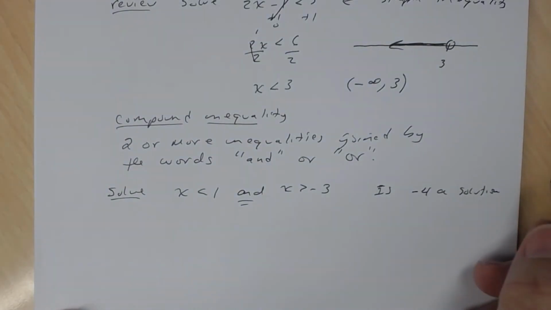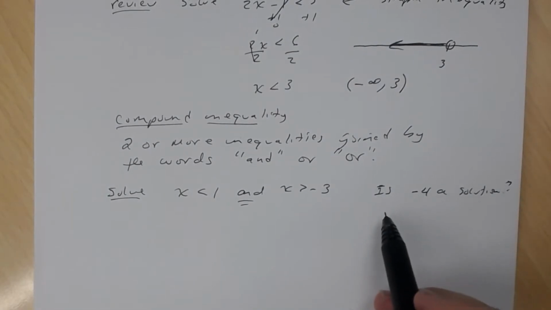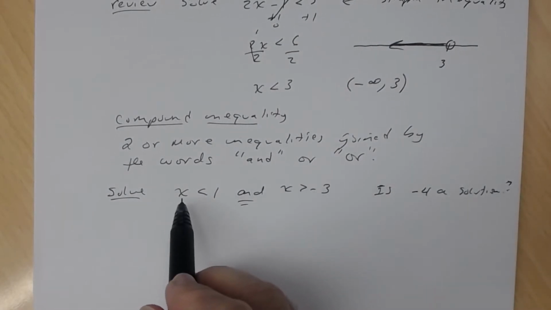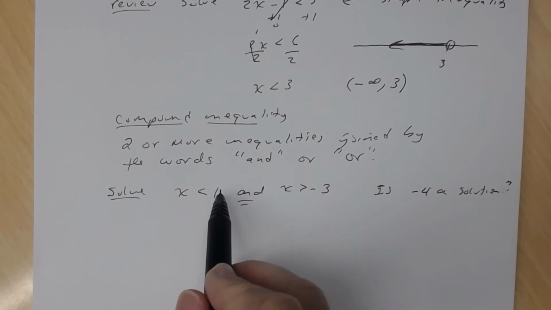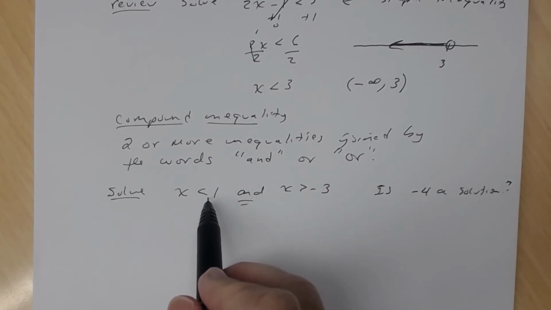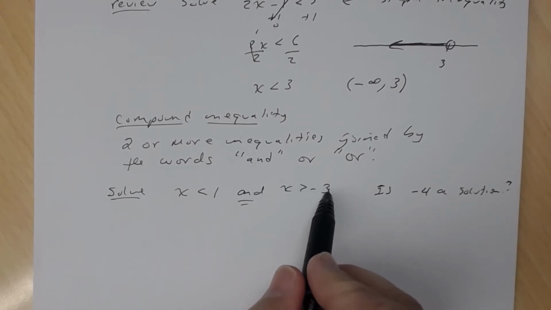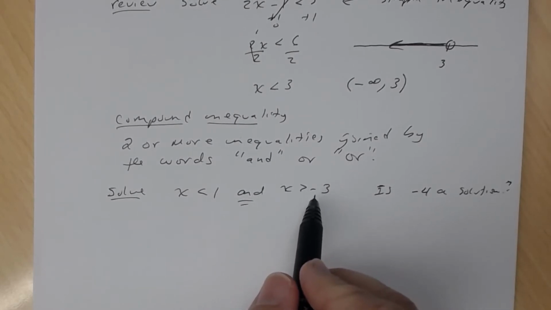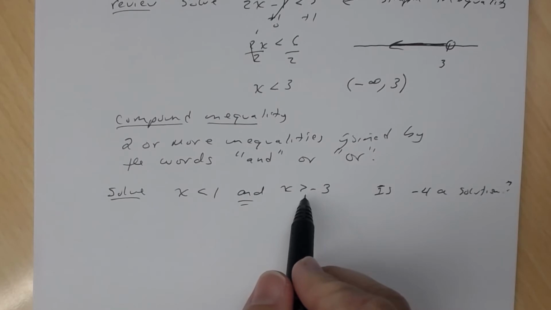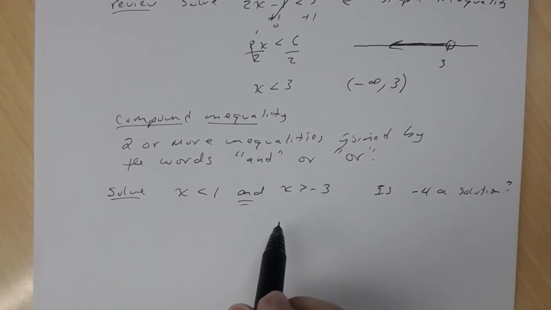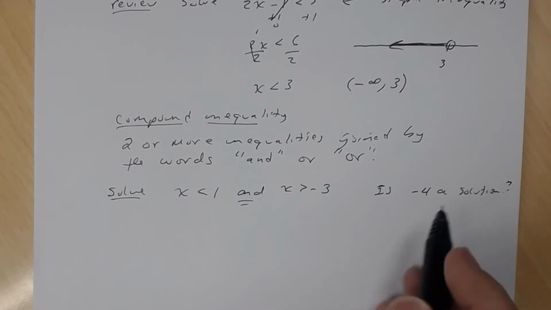Well, is negative 4 less than 1? Yes, negative 4 is less than 1, but you have to ask yourself, is negative 4 greater than negative 3? The answer is no. Negative 4 is less than negative 3. So is negative 4 a solution?